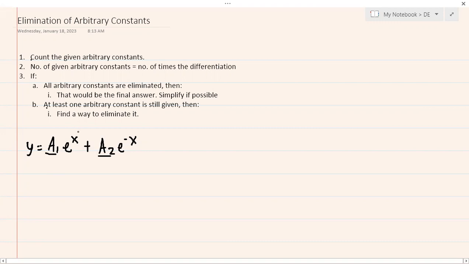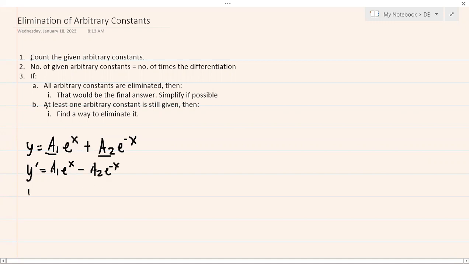Now, to the second step, the number of given arbitrary constants is the number of times the differentiation. So that means, if we have two arbitrary constants, it means dalawang beses natin siyang i-differentiate. So, let's get our first derivative. So, ito magiging y prime is equal to a sub 1 e raised to x minus a sub 2 e raised to negative x.